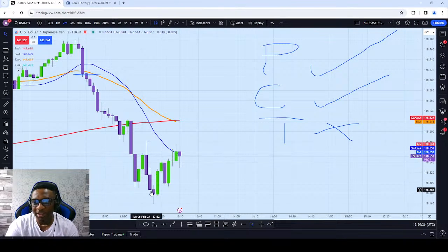Absolutely, that is right. It's formed head and shoulders. So this is the left shoulder, this is the head, and this is the right shoulder.